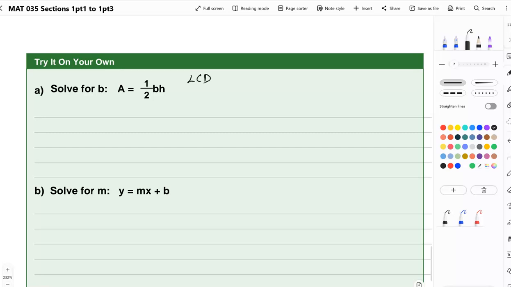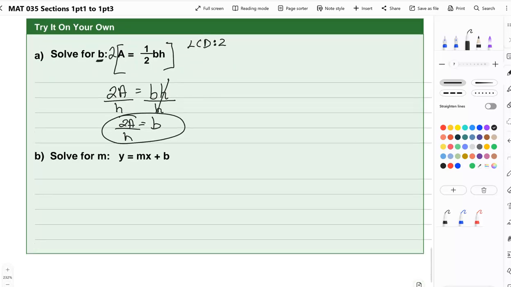The least common denominator here is 2, so let's multiply everything by 2. 2 times a is 2a. 2 times 1/2 would be 1 times b times h. And now to get b by itself, we have to move the h, and we're going to divide. So b is going to be 2 times a divided by h.